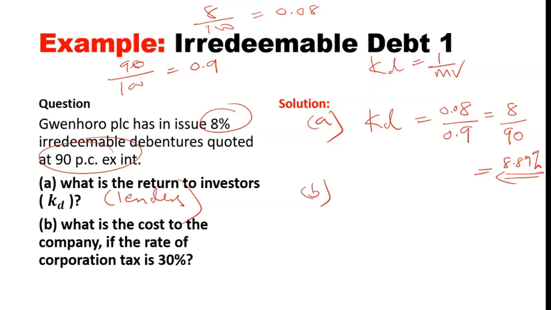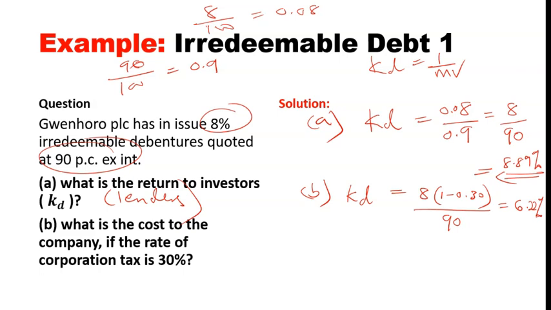So the KD post-tax is equal to the same 8, the interest rate, multiplied by 1 minus T, where T was 30%, over the market value 90, which is equal to 6.22%.